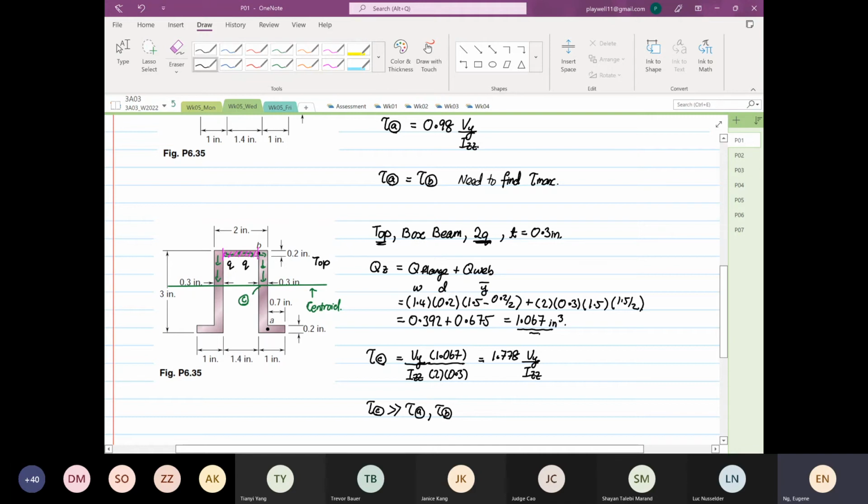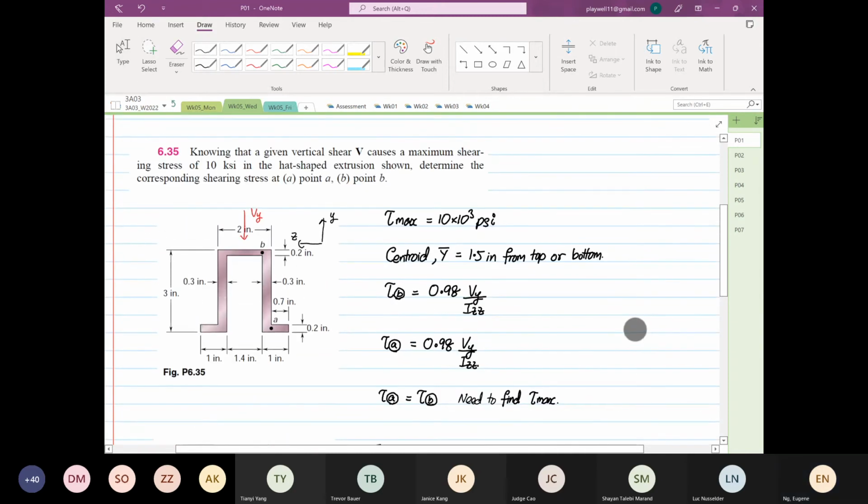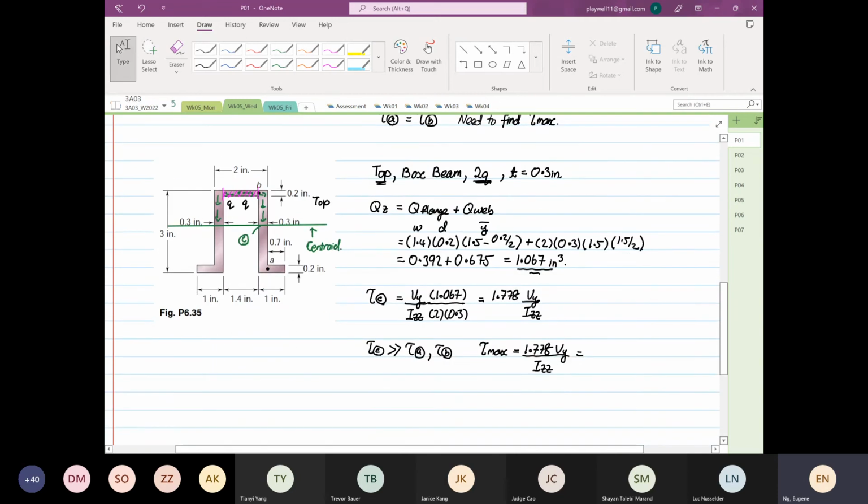Okay, so tau max is equal to 1.778 Vy over Izz. And this whole term will be equal to the maximum shearing stress, which is, I can't remember now, equal to 10 times 10 to the power 3 psi. So from here, we can find the Vy over Izz ratio.